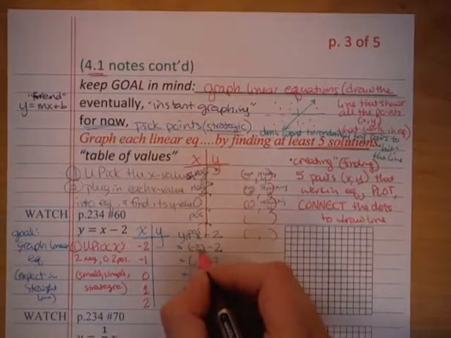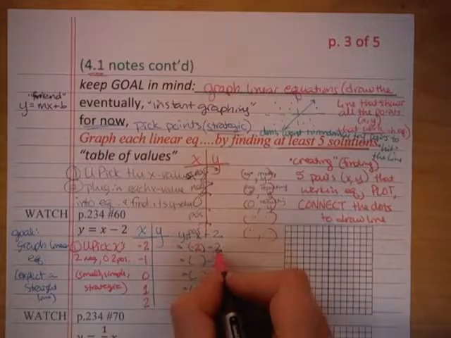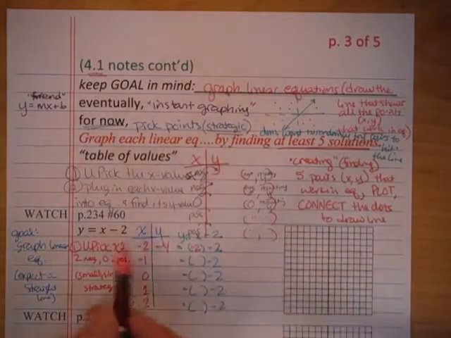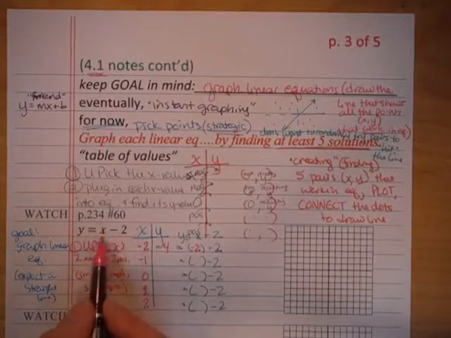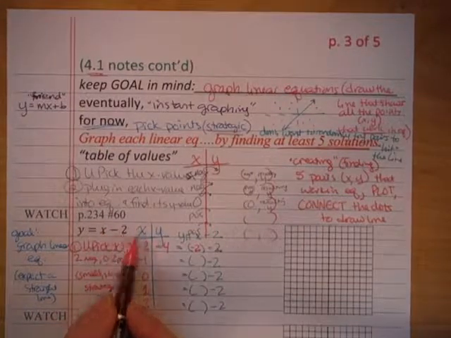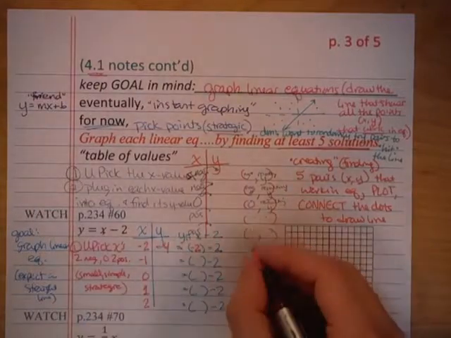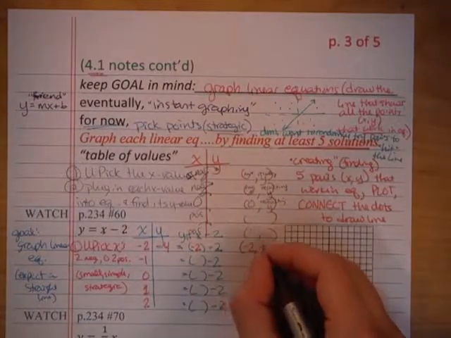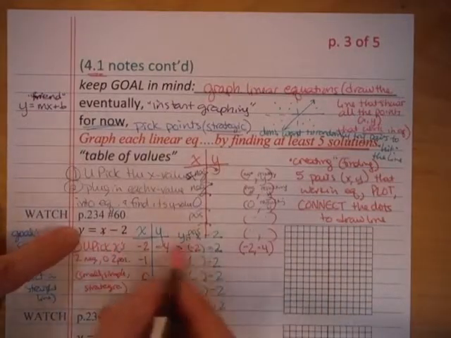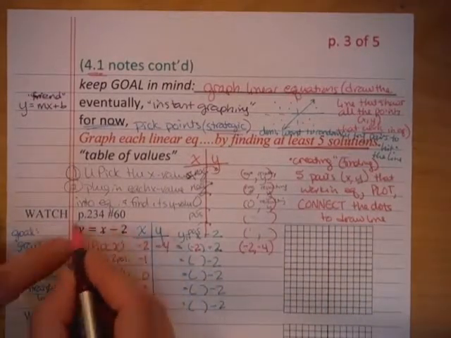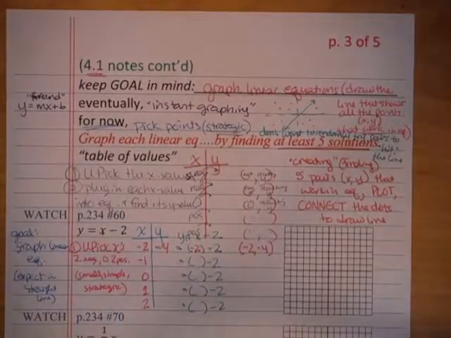I'm going to put in -2, and I get -2 minus 2 is -4. Again, I took the -2, plugged it in for x, did what I was supposed to do with the equation, -2 minus 2. That result is my y value. So my coordinate is -2, -4. That is a point that works in this equation. It's a point on the line that you get when you graph this linear equation.